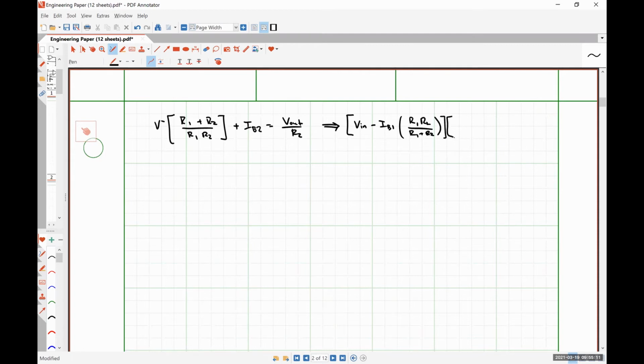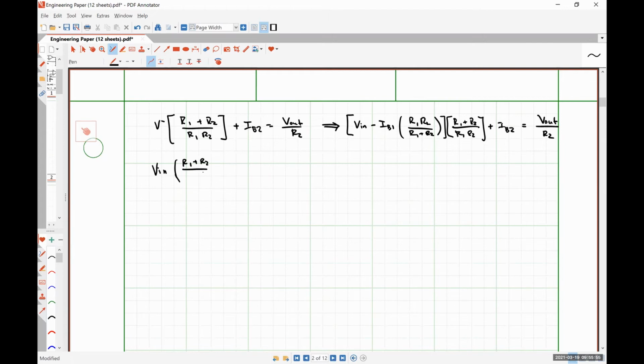This whole thing by R1 plus R2 over R1 times R2 plus IB2 is equal to V out over R2, which gives me Vn minus IB1 plus IB2 is equal to V out, sorry, forgot my resistor ratio there, that's being multiplied by Vn.